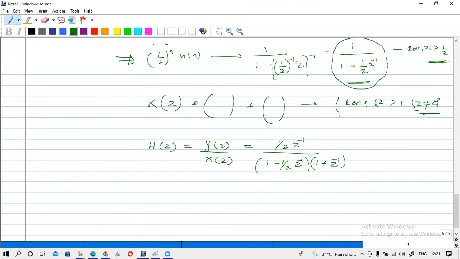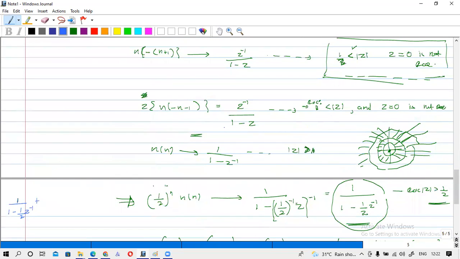So you have to find the XZ. Can someone tell me what is the XZ value? Can someone write this and simplify this? What is this? Half un will be 1 divided by 1 minus half z minus 1, plus what is our u minus n?